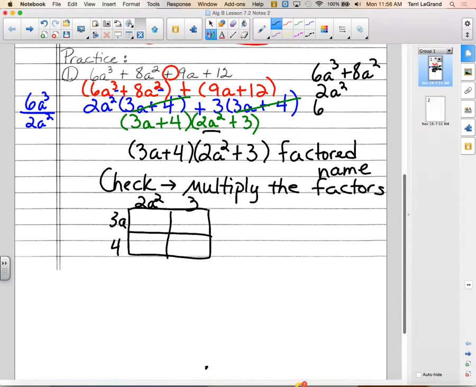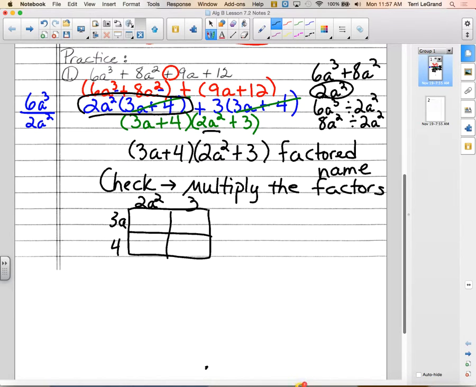We would take 6a cubed and divide it by 2a squared, and take 8a squared and divide it by the GCF 2a squared. The result would be what is in our binomial, so the GCF would be out front, and in the parentheses would be our two terms, which are 3a plus 4. That became the factored name for that first group.